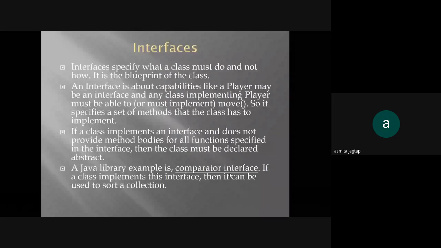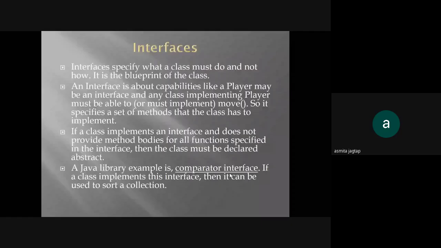So if a class implements the interface and does not provide the method bodies, only a method signature is present there, not a method body. In the same way, an interface is nothing but like your abstract class having abstract methods, meaning only the method signature is present, not method bodies.